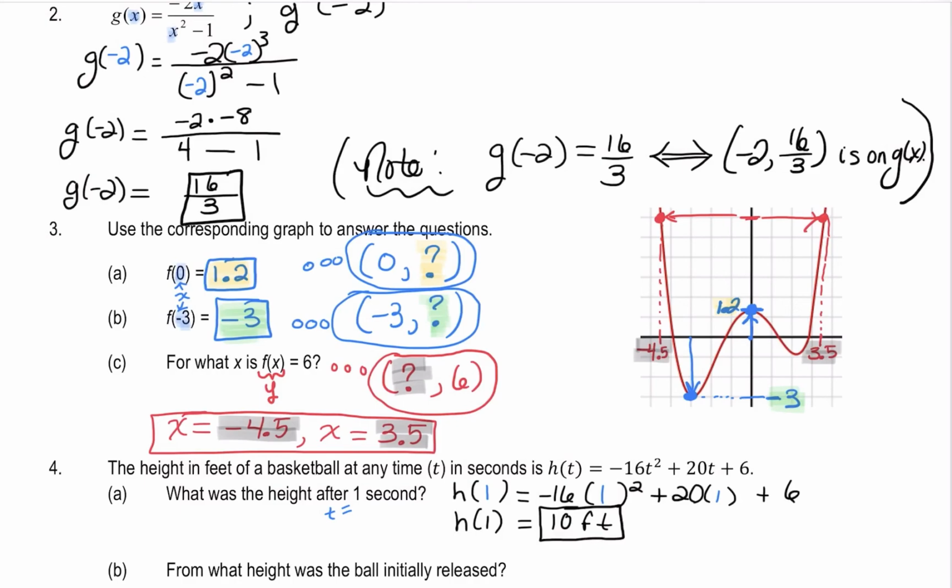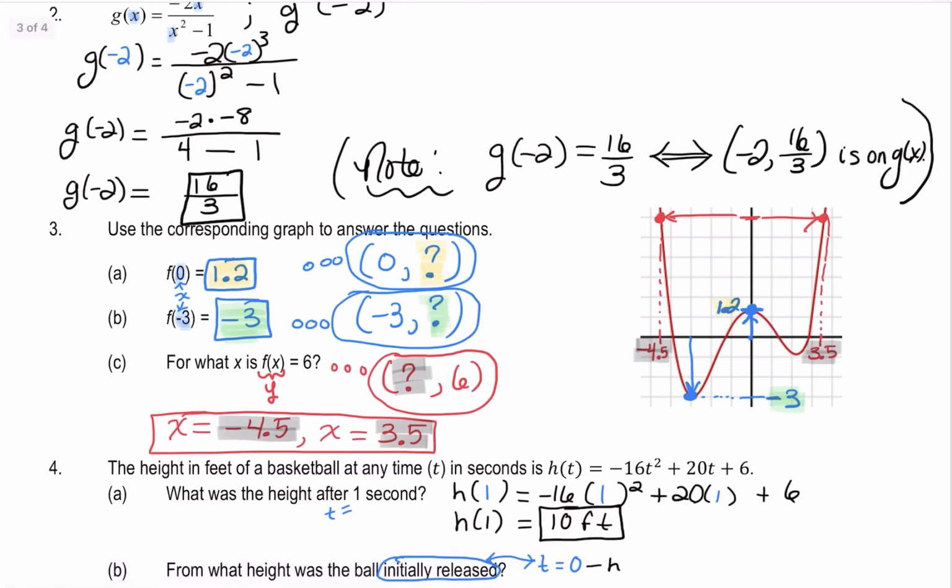All right, so the second question, really similar. It just brings up something that you're going to often see in terms of the language, which might ask for an initial height or when the ball was initially released. And so we want to know that that is going to correspond to when the time is 0, like at 0 seconds. So same premise, the height at 0 seconds, so right before we let it go.